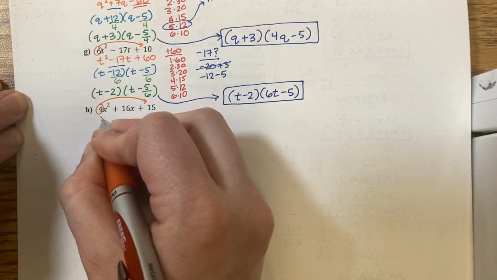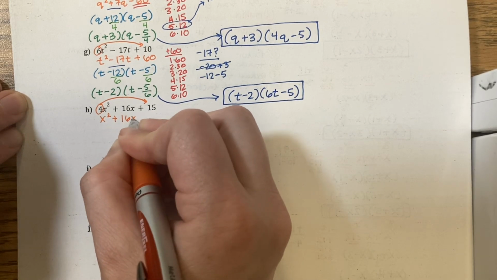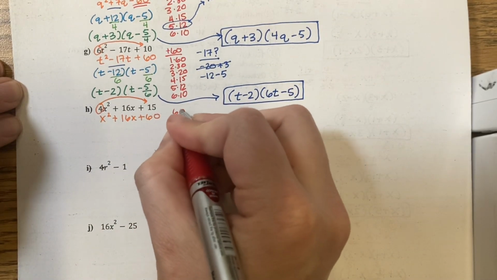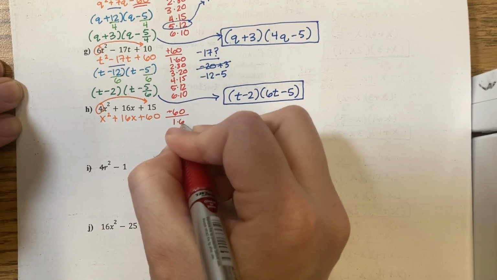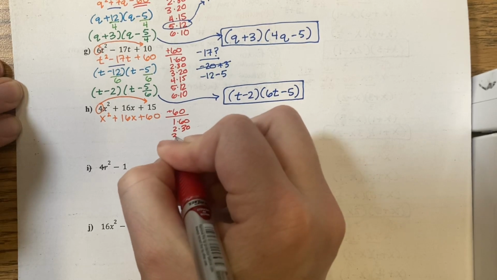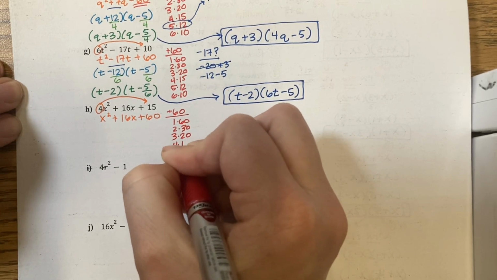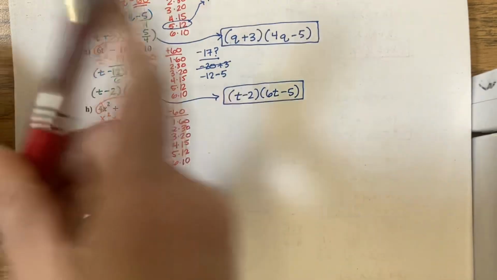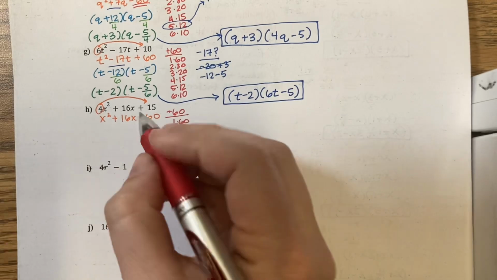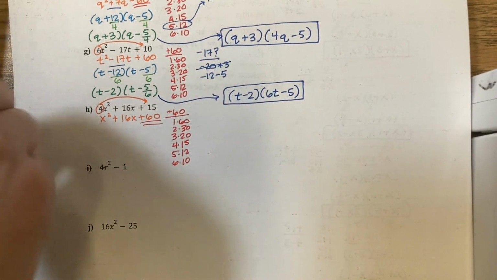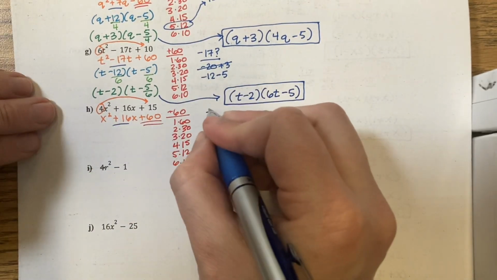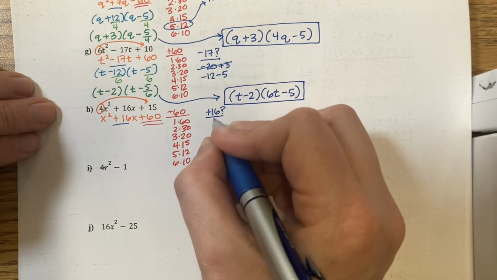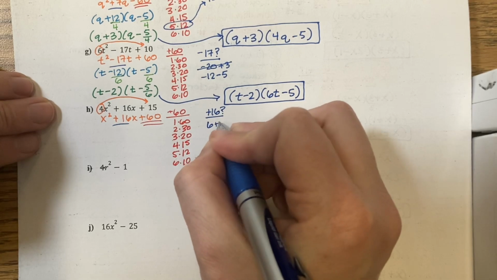Four times 15. I list the factors of a positive 60. And I need it to add up to a plus 16. So to get plus 16, I would do 6 plus 10.